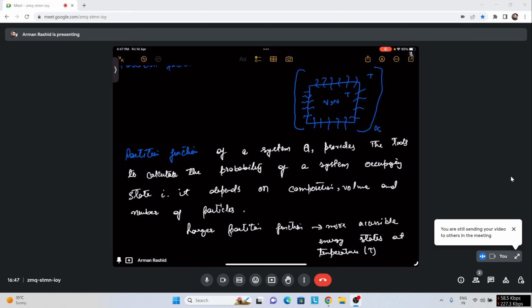The smaller the partition function, the fewer energy states are accessible. So the partition function, as I told you, tells us the probability that a particular state i is occupied at a temperature.